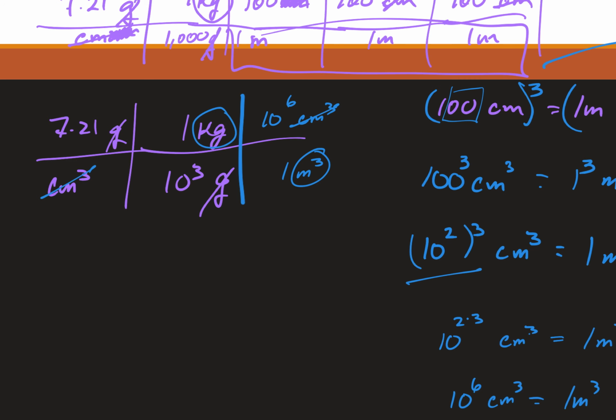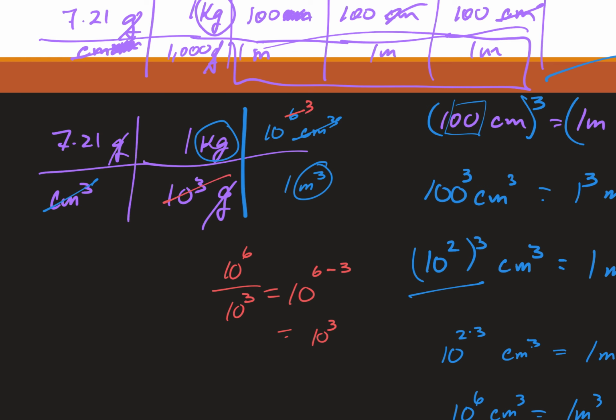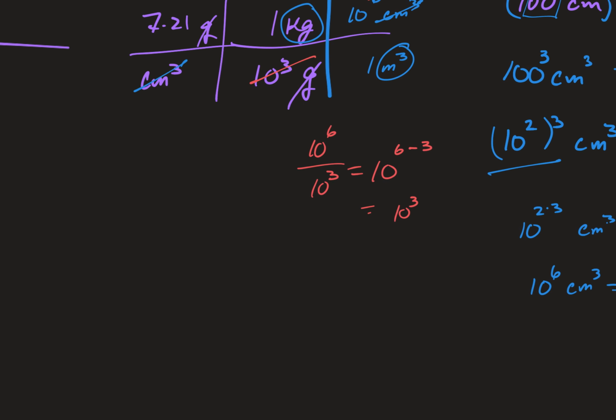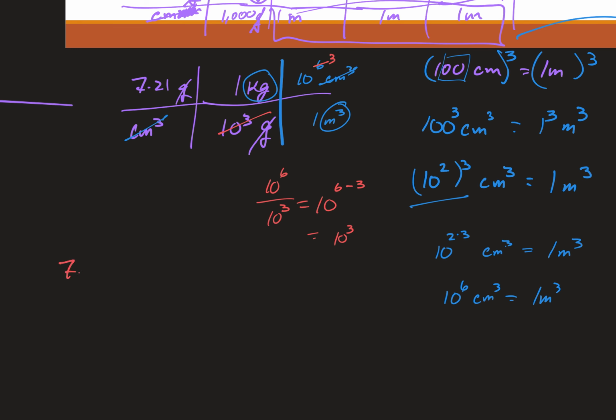But because I did this in exponential, you can see there's a 10 to the 6th divided by 10 to the 3rd. Another rule of exponents is when you're dividing the same base, the exponents subtract. So that comes out to 10 to the 3rd right here while that gets eliminated. So it ends up being 7.21 times 10 to the 3rd kilograms per cubic meter, and you're done.